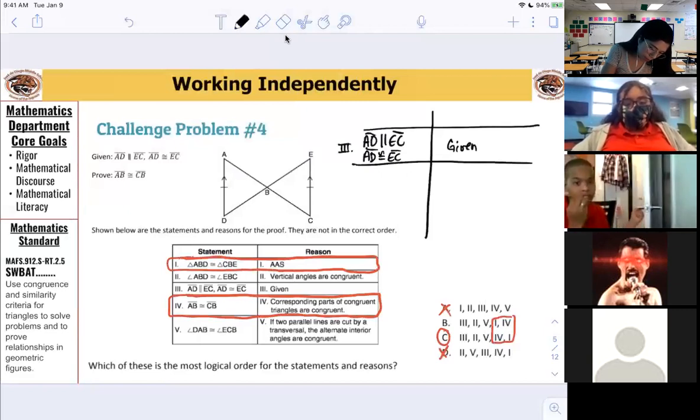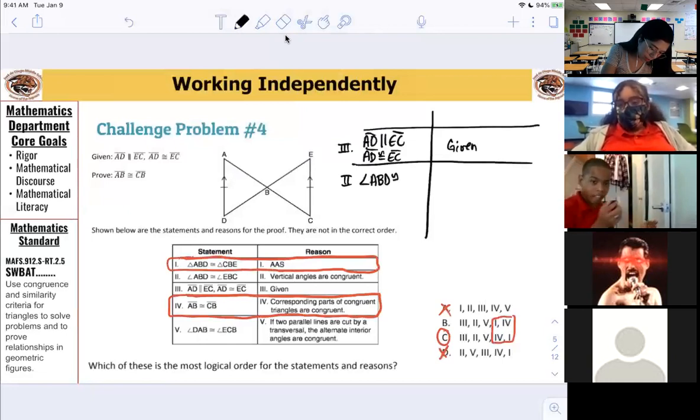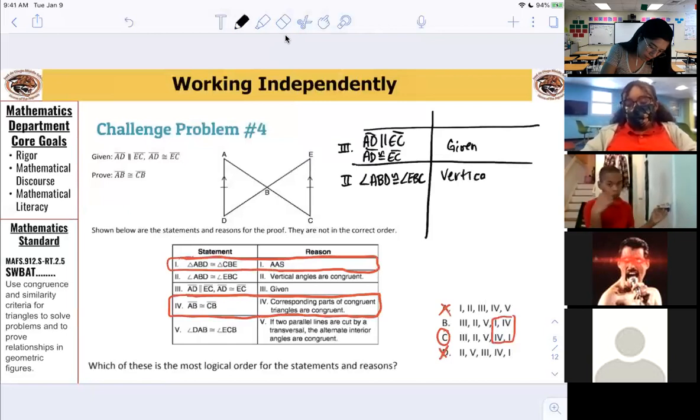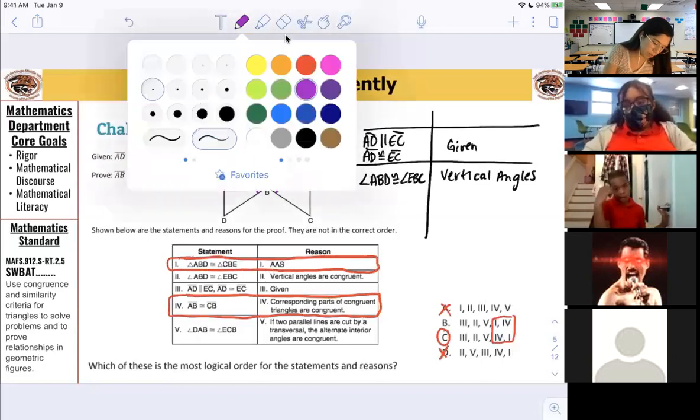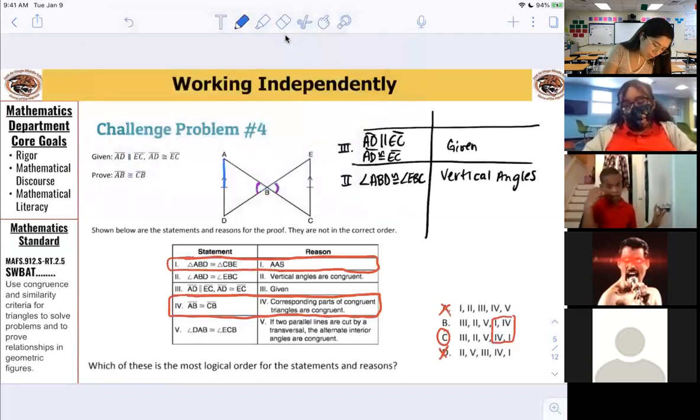Then we go to number 2. Number 2 says ABC or ABD is congruent to EBD, EBC. And that's our vertical angles. Okay. So far we know these 2 are congruent, and we know that AD is congruent to EC.